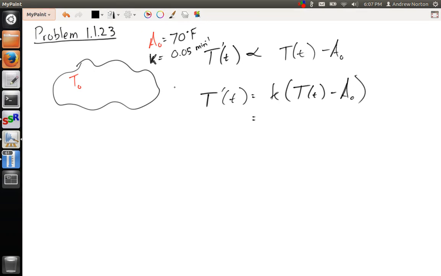We're supposed to write this differential equation out, so we get 0.05 inverse minutes times (T of t minus 70 degrees Fahrenheit). That is essentially it.